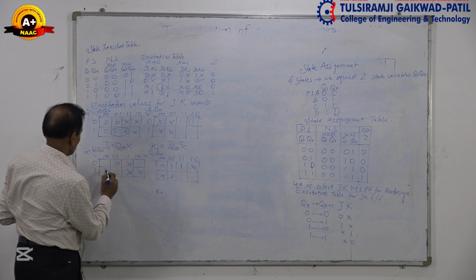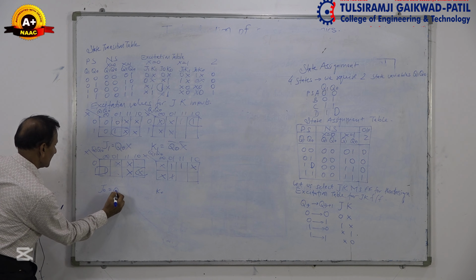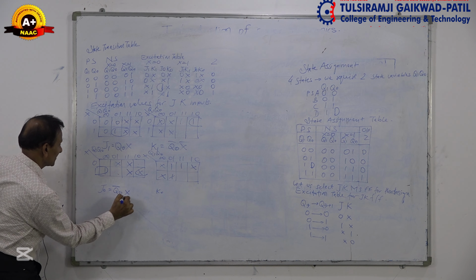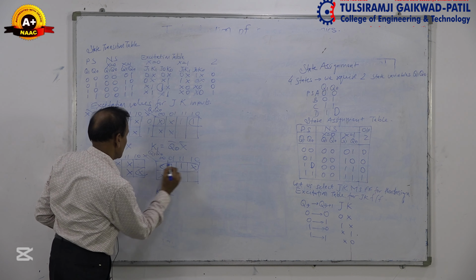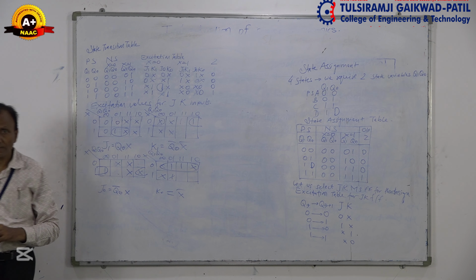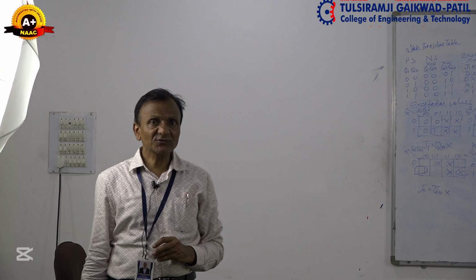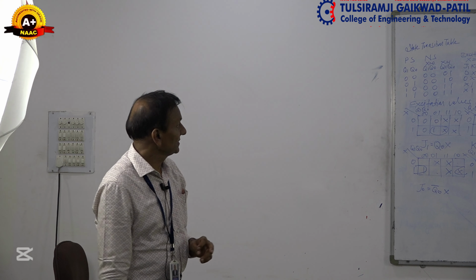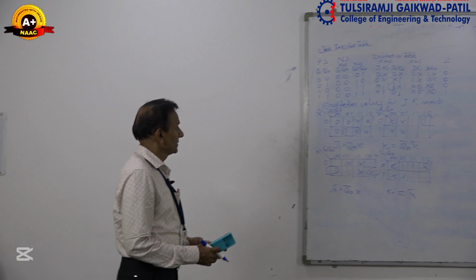So here we have grouping like this. So J0 is coming out to be q0 bar x, and K0 is coming out to be x bar. Okay. Now the next step is to draw the circuit diagram that we can draw.